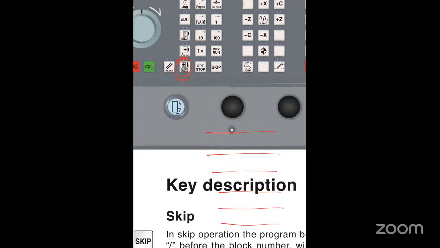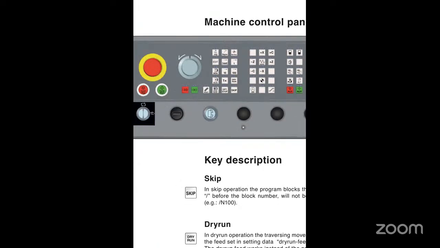If you choose the single block mode and press cycle start, and you have say 10 lines, it will execute one line only.